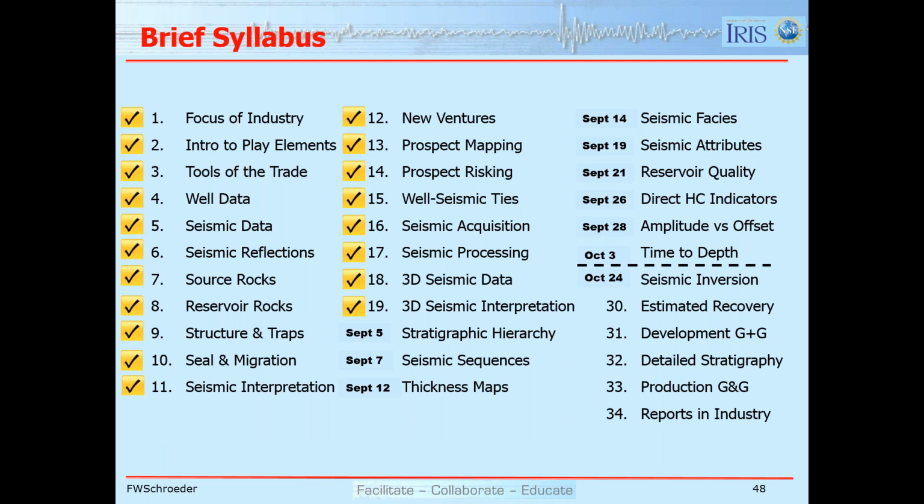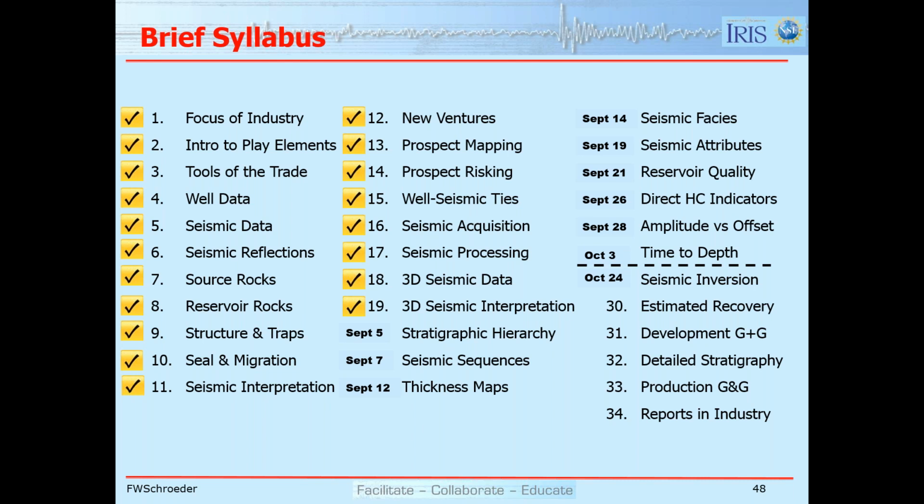Yes, ant tracking is a system to try to correlate faults through a 3D data set. I showed an example where I had some manual interpretation, and I used a horizon tracker to expand and save me a lot of interpretation time.